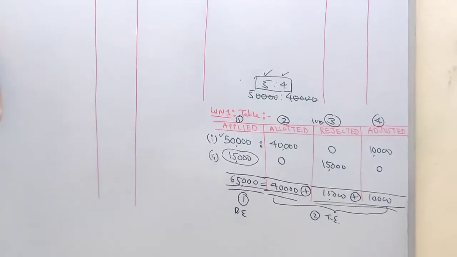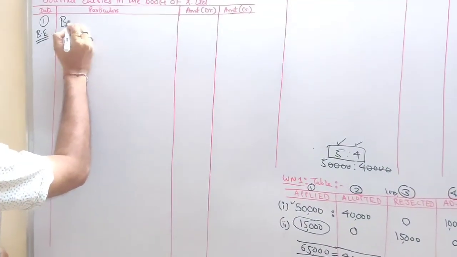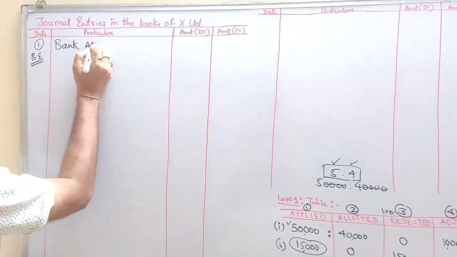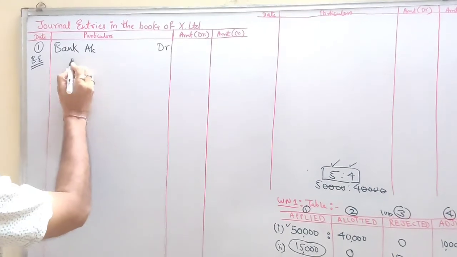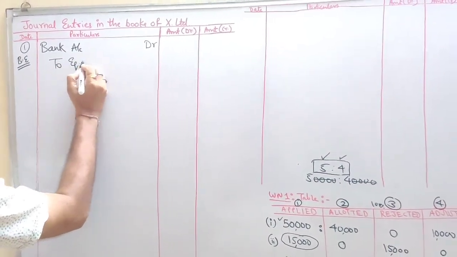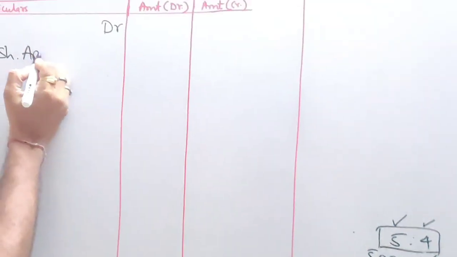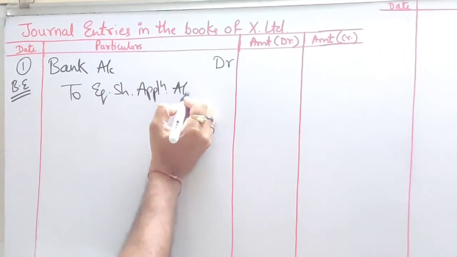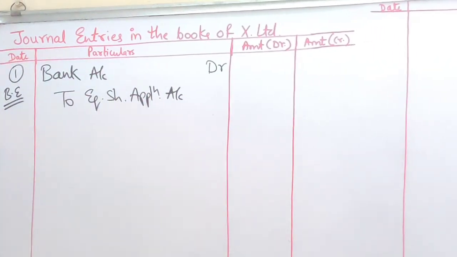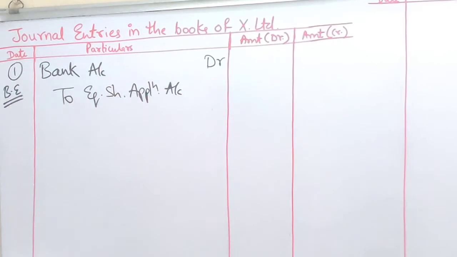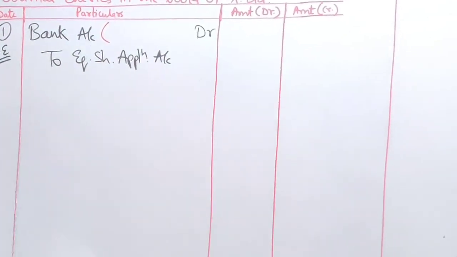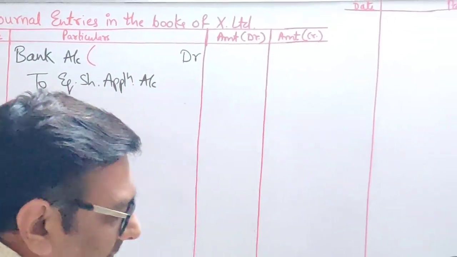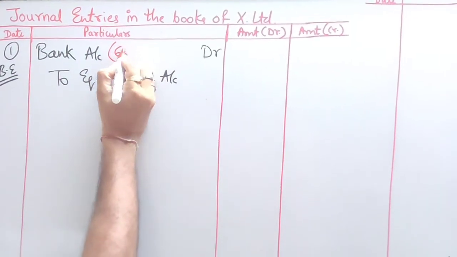So entry number 1, bank entry: Bank account debit to equity share application account. Let's write down the working for this. This you will write: first column number, 65,000 shares.